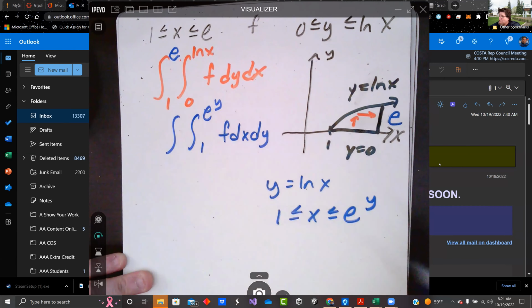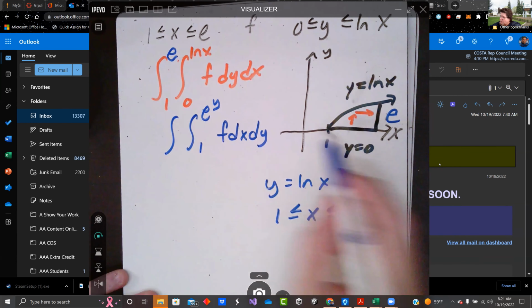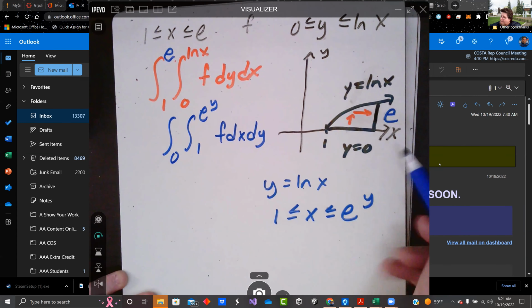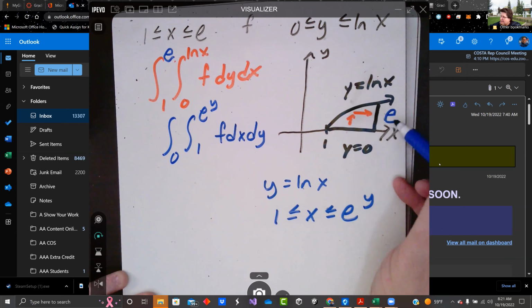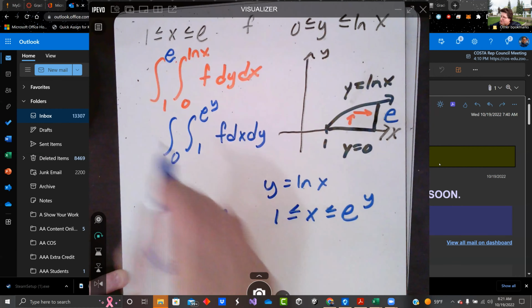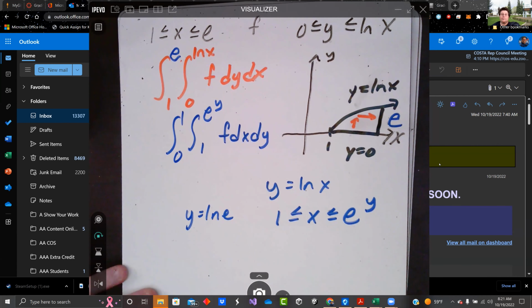And the question is, what are our boundaries on y now? Well, y equals 0 was one of them. That doesn't change. What's the y value here at x equals e? Y equals natural log of e, and natural log of e is 1, so you should be using that.